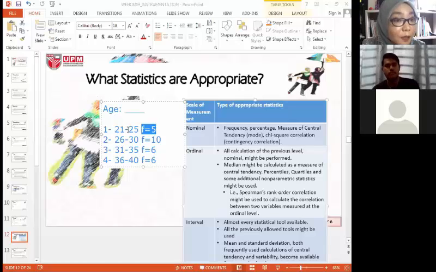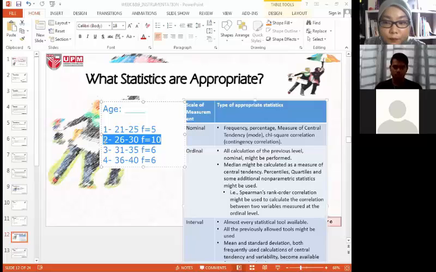How many of them are age 23? You do not know. So therefore, you cannot get the mean. What you can get is first the frequency, then the percentage, and then the mode. The mode here is 10, this group, right?